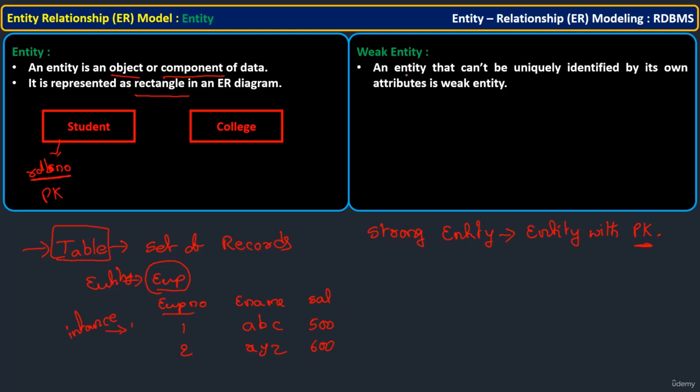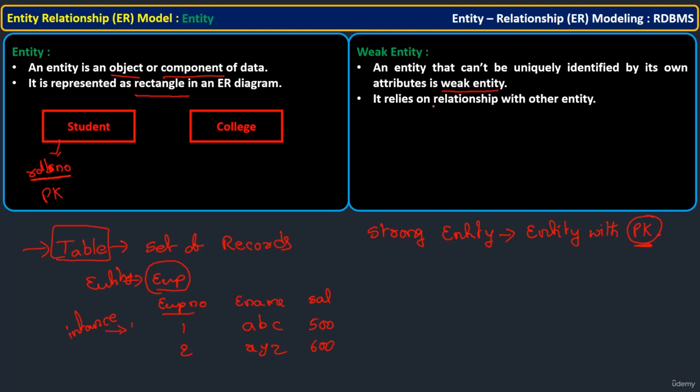An entity that cannot be uniquely identified by its own attributes is the weak entity. That means there is no primary key. We are unable to identify any attribute or combination of attributes as a primary key. Such entities we are calling weak entities.